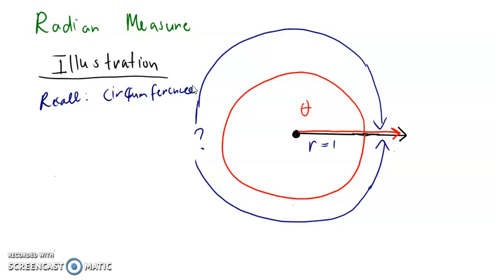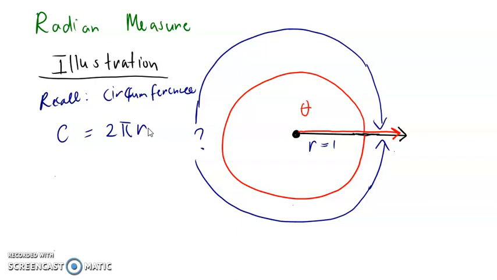Circumference is the length of the circle. Now, in order for us to measure the length of the circle, or the circumference, we apply the formula circumference is equal to 2 pi r. The r from the formula corresponds to the measure of the radius.